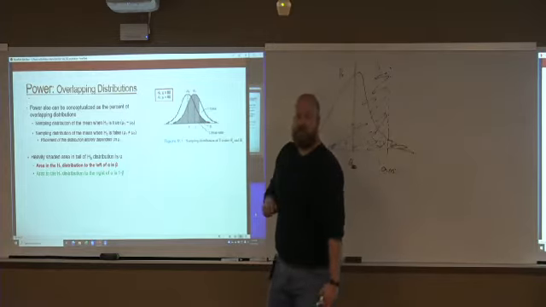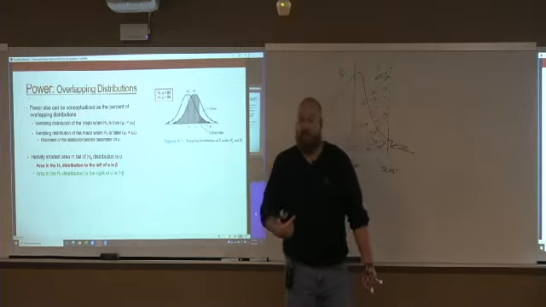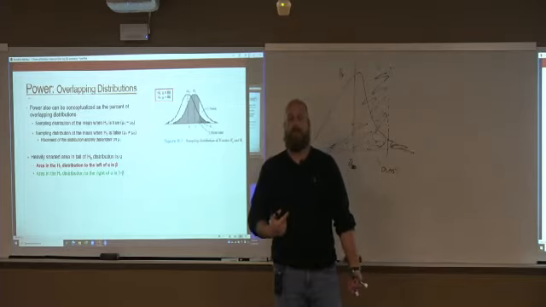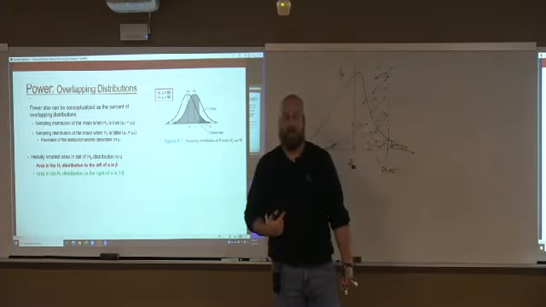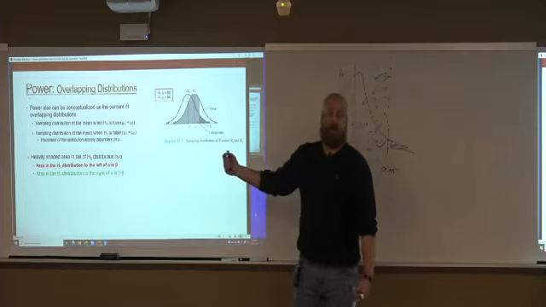What would you guess it is? Maybe 0.3, 0.4. But basically that's saying I'm only going to find this effect 30 to 40% of my replications, right? The majority of the time, I'm going to fail to reject the null, even though the null hypothesis is false.